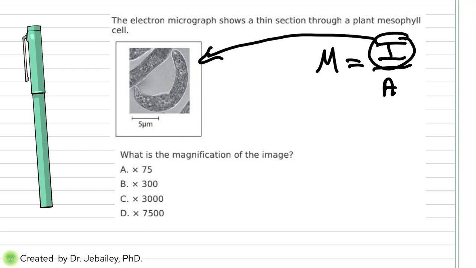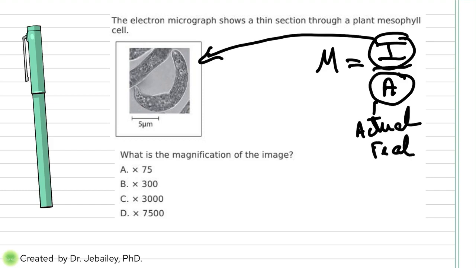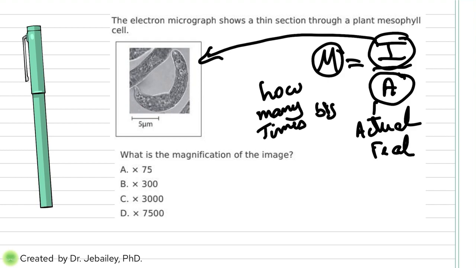And this right here is the actual image of the microbe or cell. So this is in real life, and this is the one that we actually cannot see. Magnification means how many times bigger it is in a microscope.